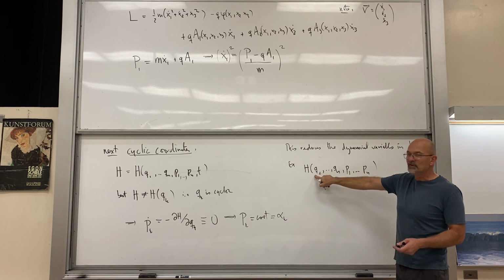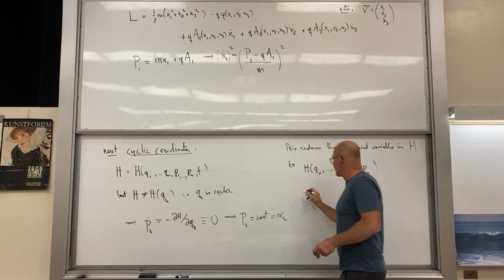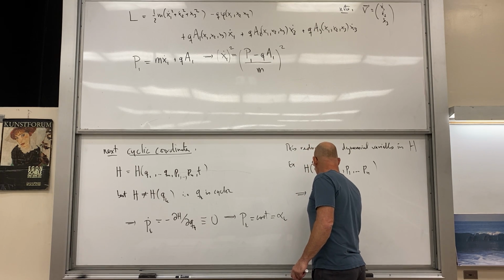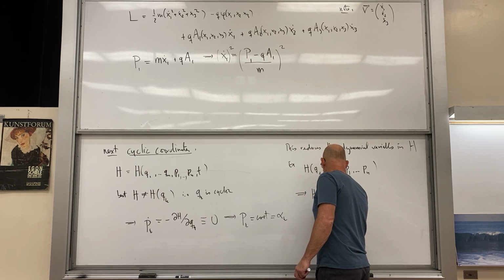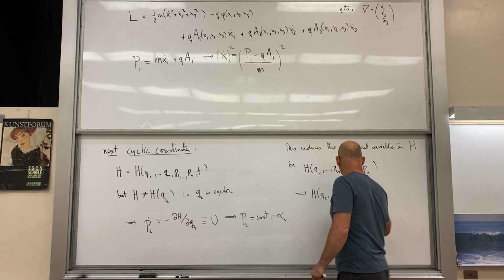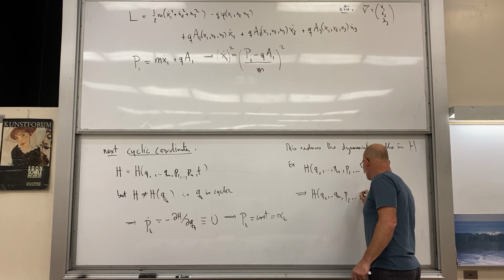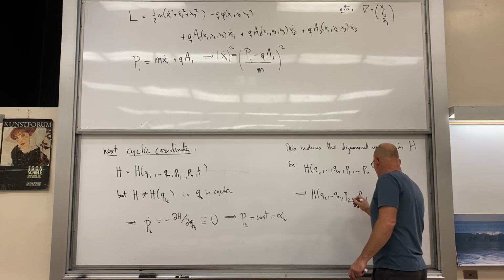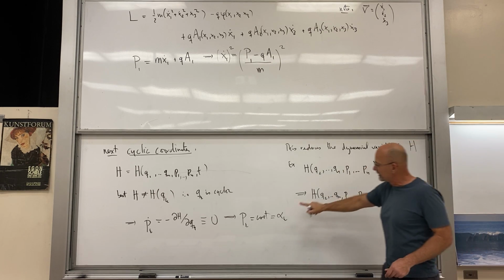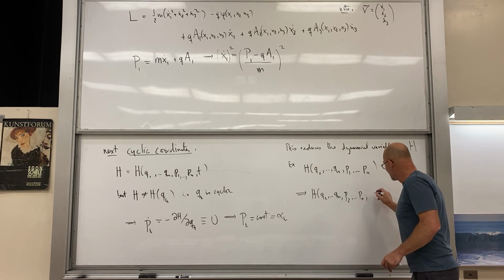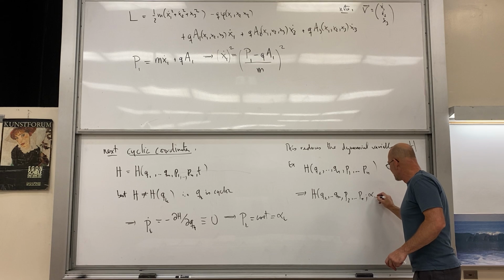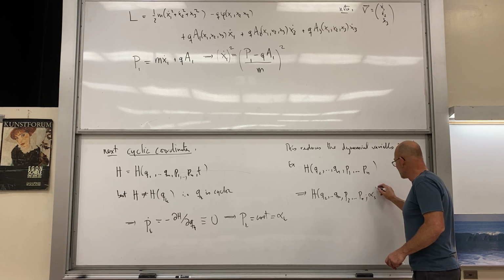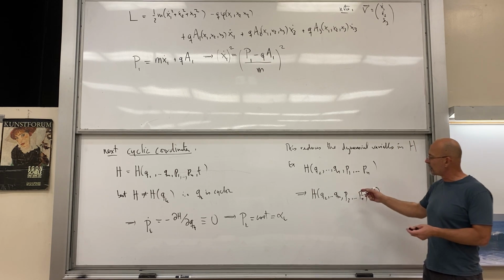So if q sub 1 had been cyclic, then this would be turned into H of q2 to qn, p2 to pn, and then I could treat this conserved momentum as, I'll just call it alpha sub 1, as a parameter. It's now just a parameter in there.